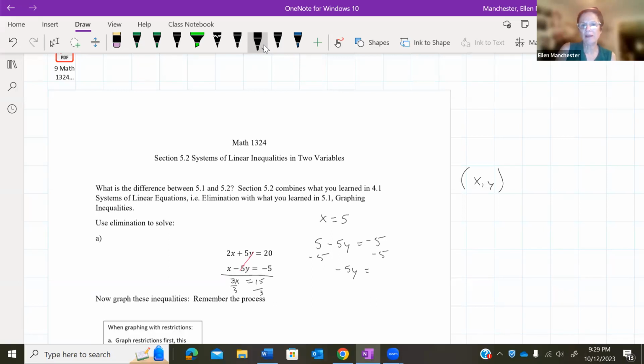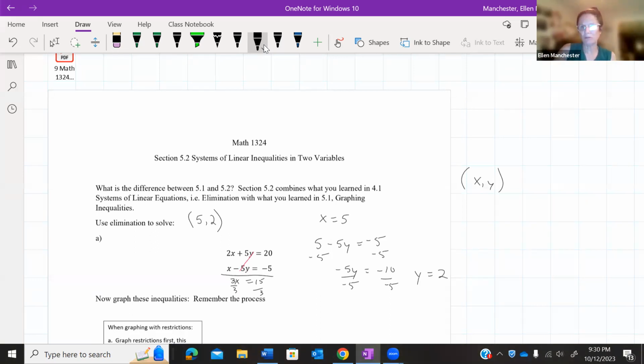So we get negative 5y equals negative 10. I'm going to divide both sides by negative 5. So I get y equals 2. So my ordered pair that will satisfy, in other words, it's the solution that makes both of these equations true, is the point 5, 2. That's where those two lines are going to cross.